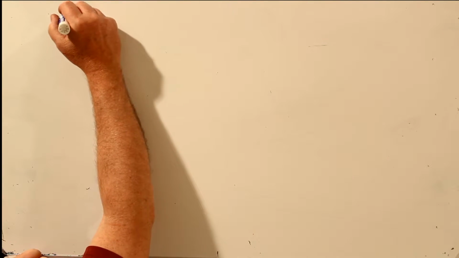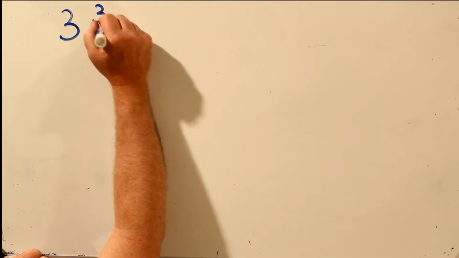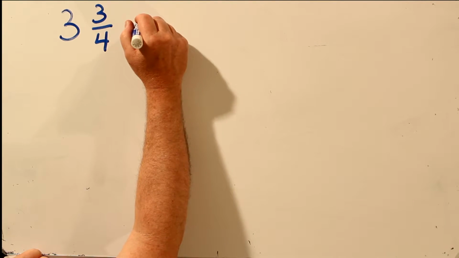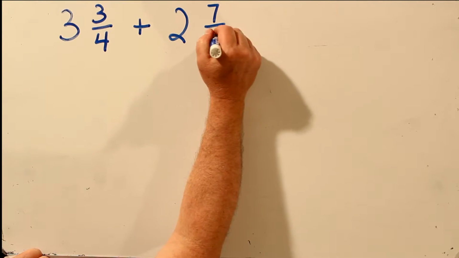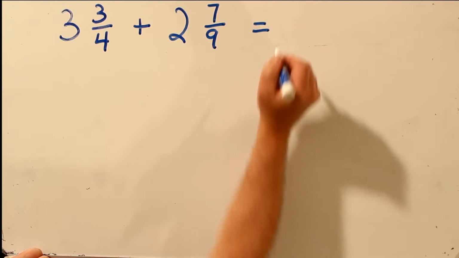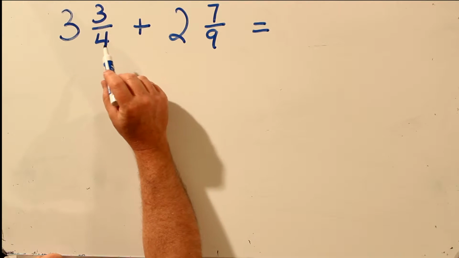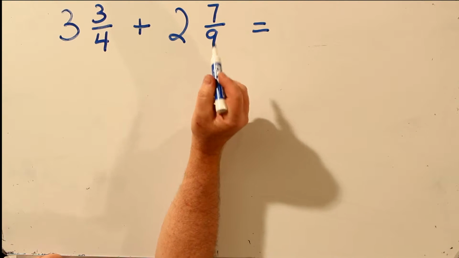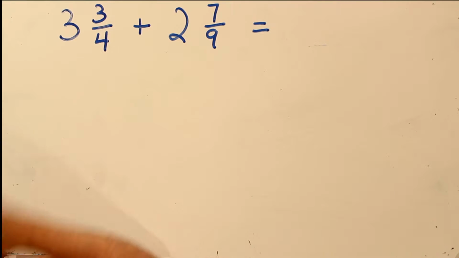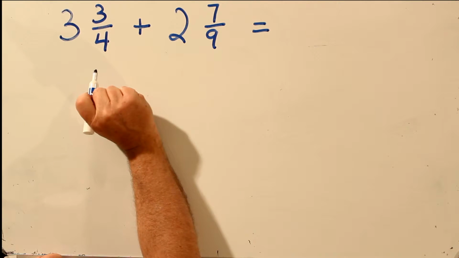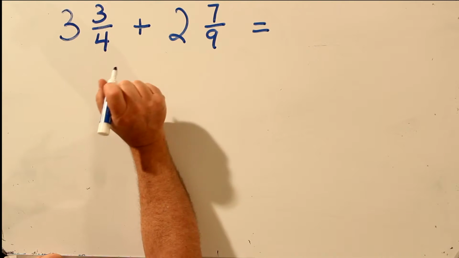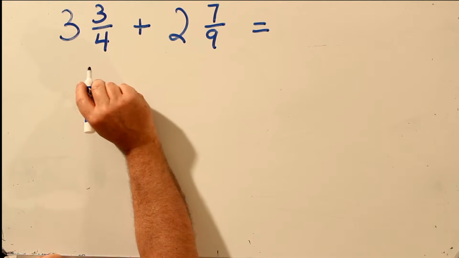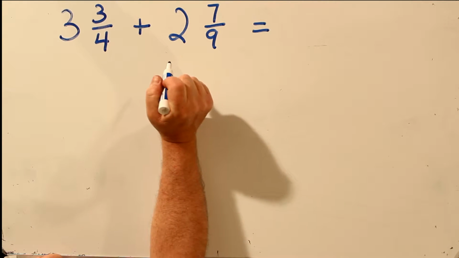To add mixed numbers, like 3 and 3/4 added to 2 and 7/9, the first step is to convert both fractions from a mixed number to an improper fraction. Now there's a video that details how to convert a mixed number to an improper fraction, but I'm going to use the shorthand version for this video because we're talking about how to add two numbers.